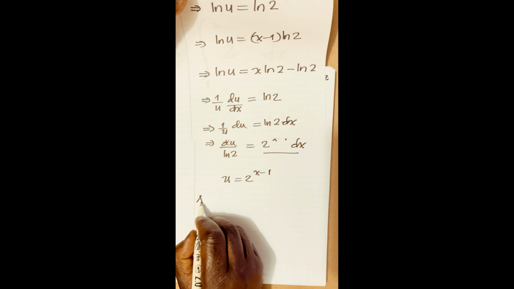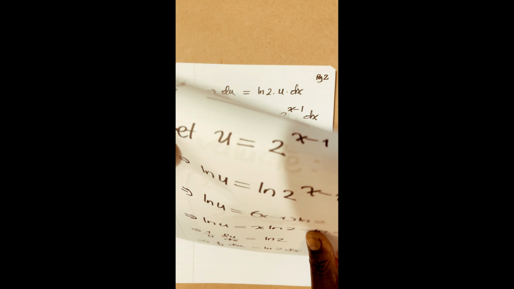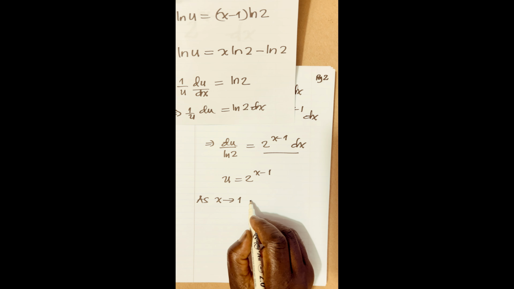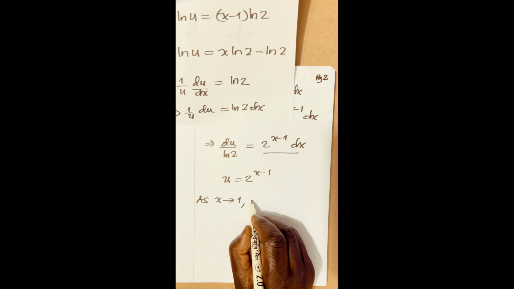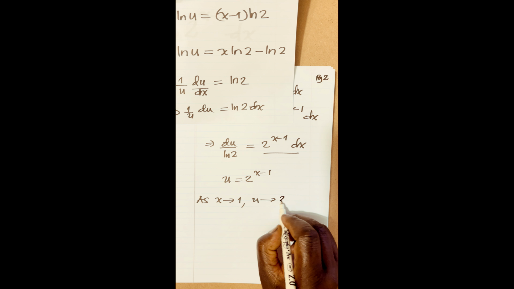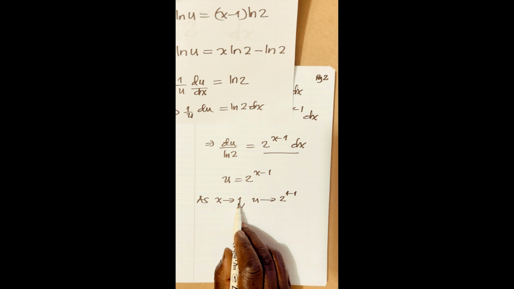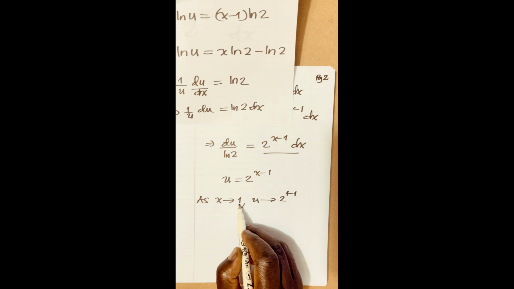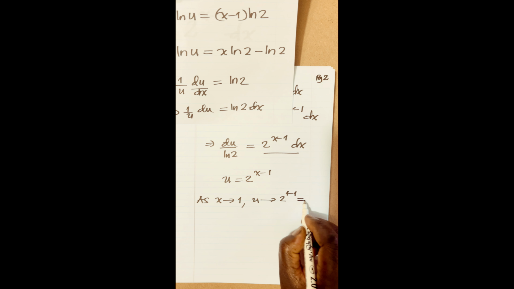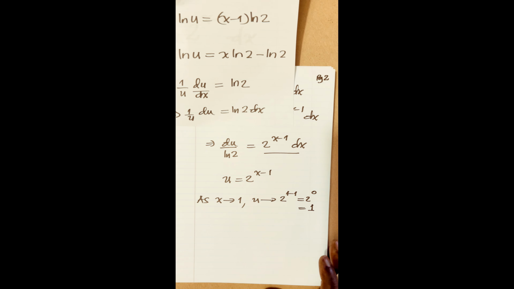As x approaches 1, the lower limit, what does u approach? u must approach 2 to the power 1 minus 1. Remember, we have to replace this x with 1. And 2 to the power 1 minus 1 is 2 to the power 0. What is 2 to the power 0? 1. So the lower limit doesn't change.